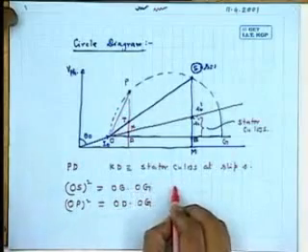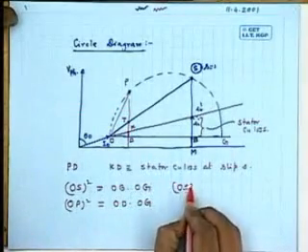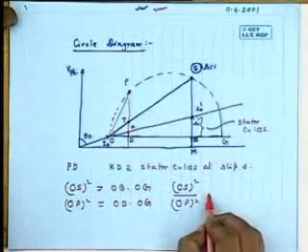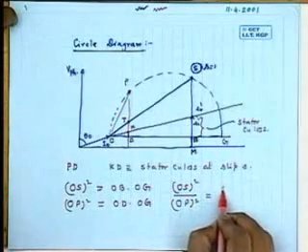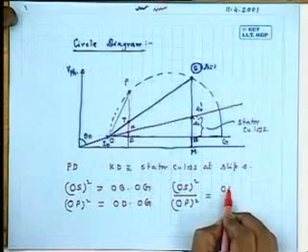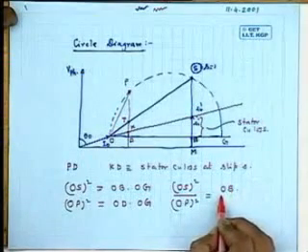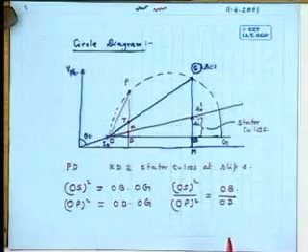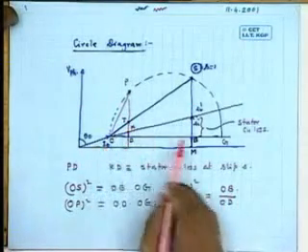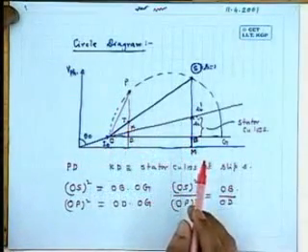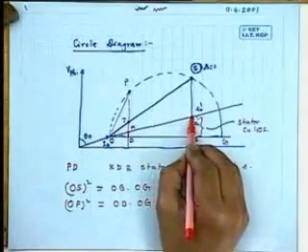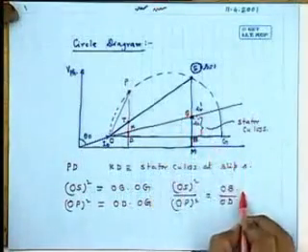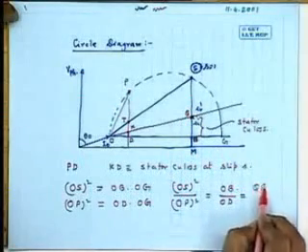So if you take the ratio of these two, OS squared by OP squared, you will get OB by OD. And OB by OD, if you call this point Q, will be nothing but QB by KD.